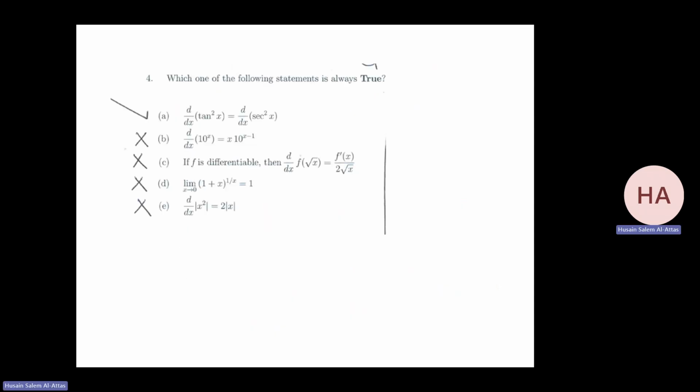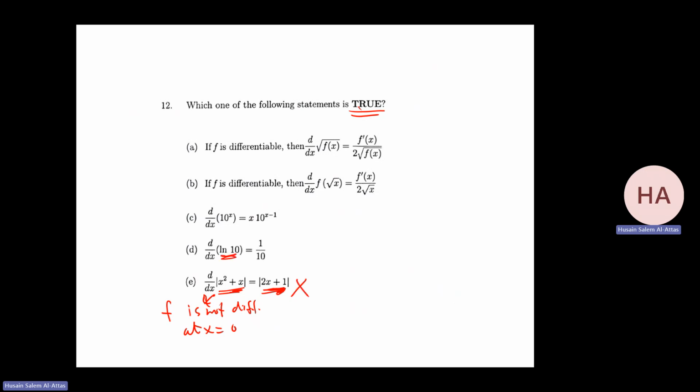Which one of the statements is false? Let me do these things. Yeah, this is not correct. Very clear, because I cannot do the absolute value this way. Here, for example, f is not differentiable at x equals 0. But here it is differentiable. I have no problem at 0. So this is for sure not correct.